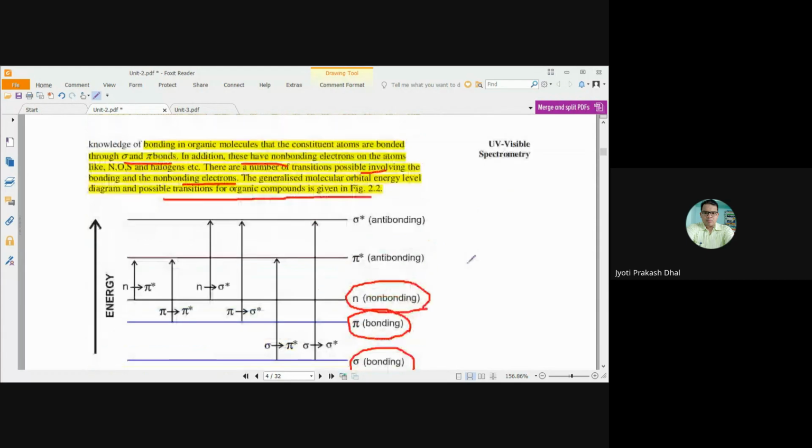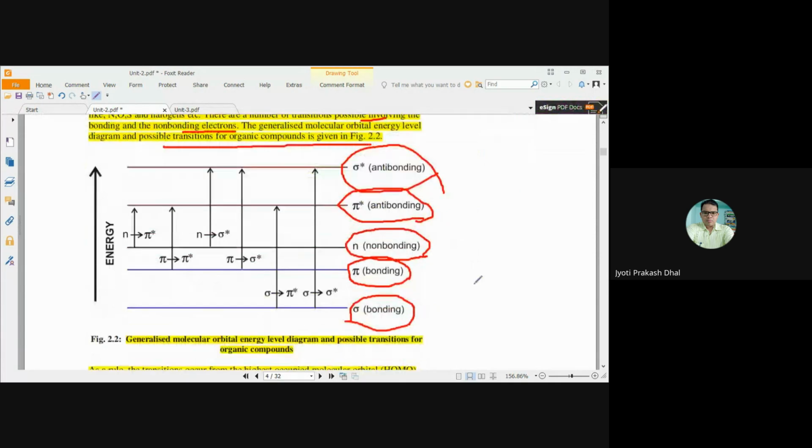And after that, the next energy level is pi star, that is the antibonding molecular orbital, and the next one is sigma star, that is the antibonding molecular orbital. So these are the different electronic energy levels present in organic molecules, the generalized molecular orbital energy levels. And now we'll discuss what are the possible electronic transitions that arise when electromagnetic radiation of the UV visible range passes through the sample where the molecule contains these different energy levels.